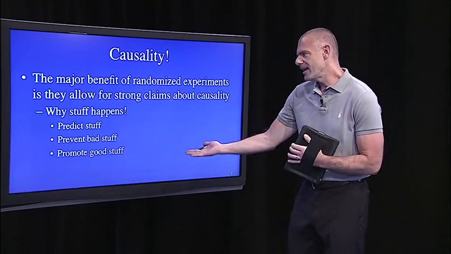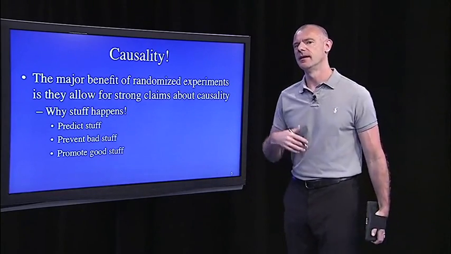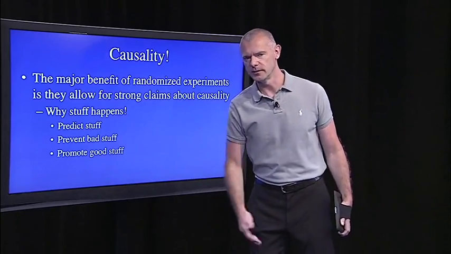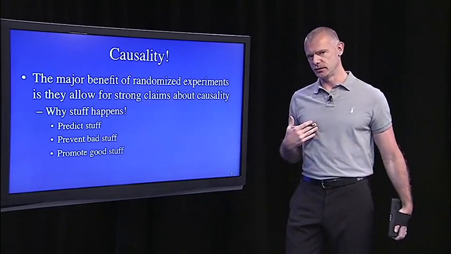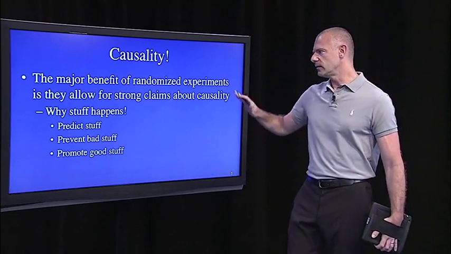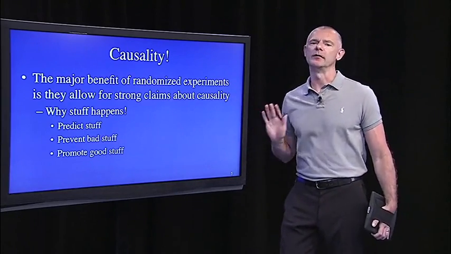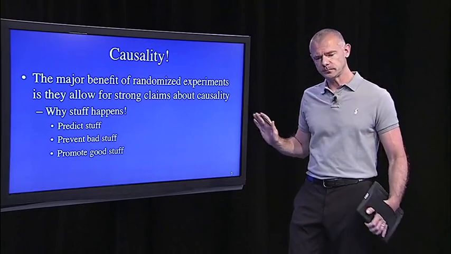So I can prevent picking bad stuff and I can promote getting good stuff. Randomized controlled experiments allow me to do that because they allow us to make claims about causal mechanisms.